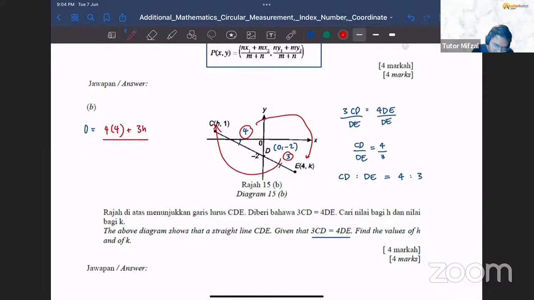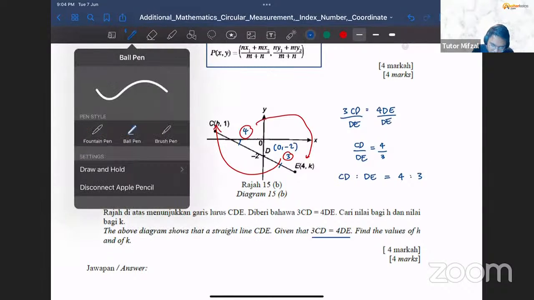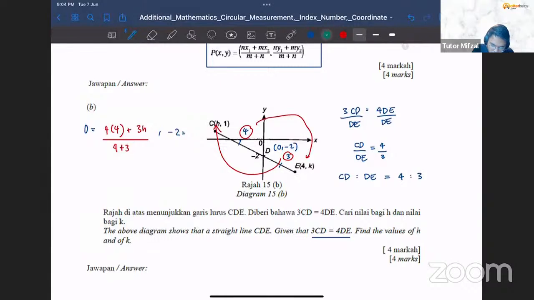Then you take both of the ratio, you tambah je the two ratios together. Okay, now if it is equivalent to negative 2, you apply the same thing juga. 3 times 1 plus 4k over 4 plus 3, which is equivalent to 7.